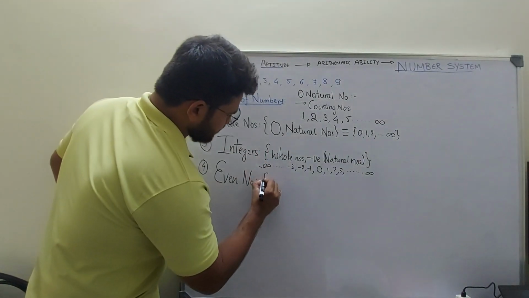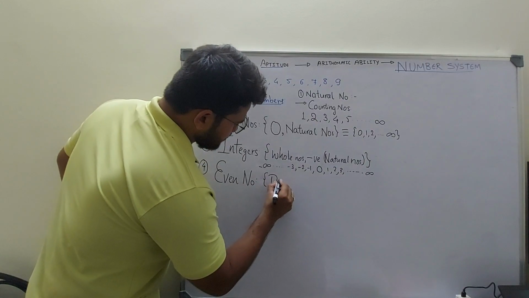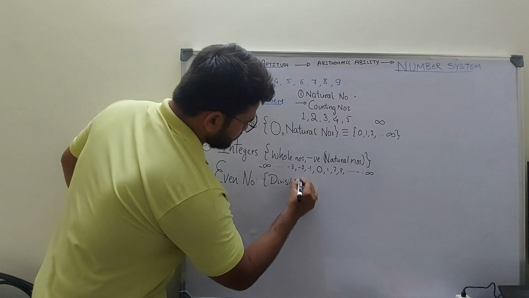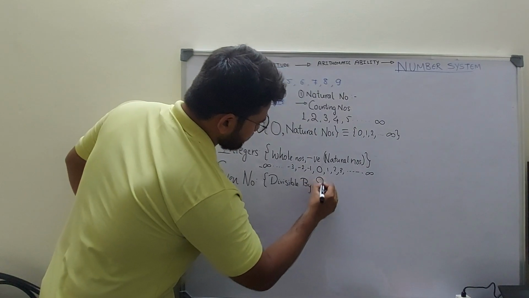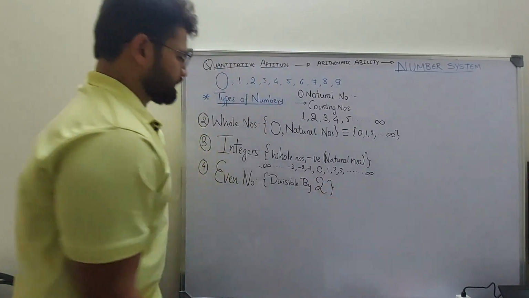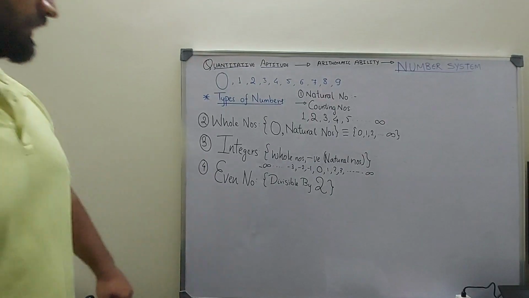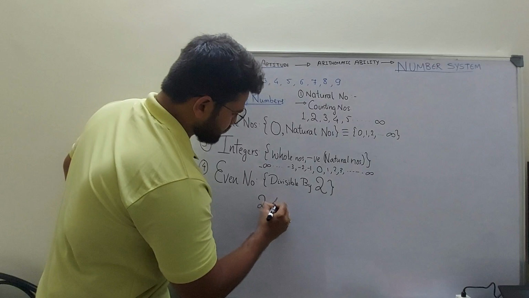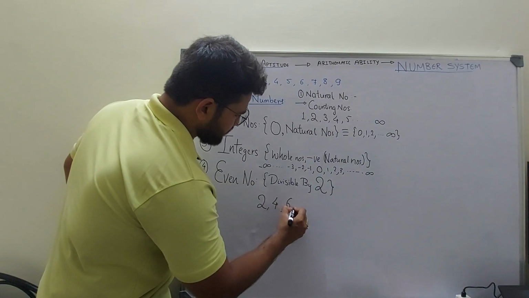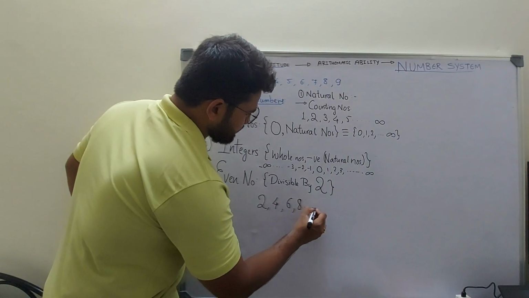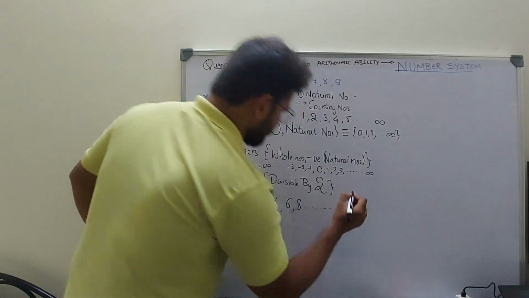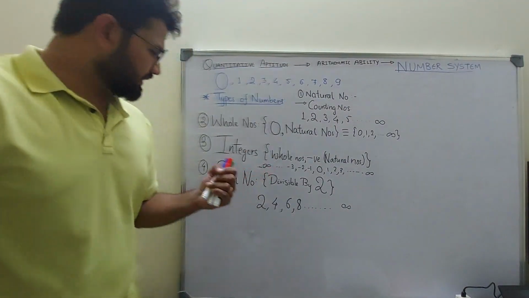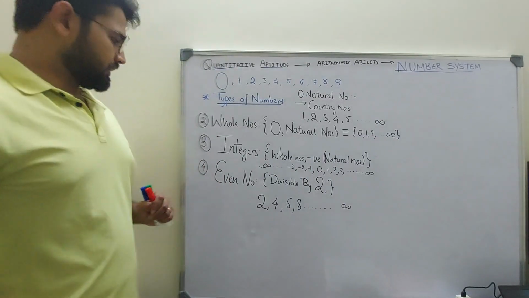So what are these numbers? You can start with 2, 4, 6, 8, till infinity. Any number that is divisible by 2 is nothing but an even number.